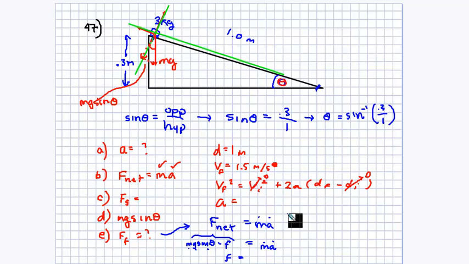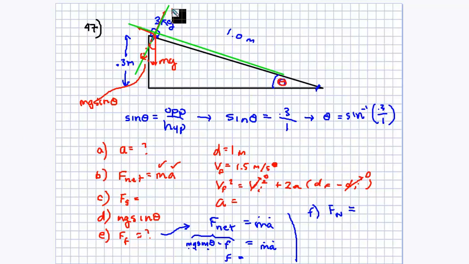Next. Can we fit this all on one page? Maybe. Part F. Find the normal force. Many of you are making a mistake of saying that the normal force equals the gravity force. Only true when you're on a flat surface. Not true on a tilted surface. Let's take a look at our picture here. This is the normal force up here, pointing upward.